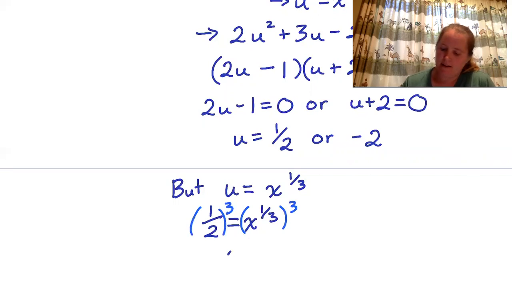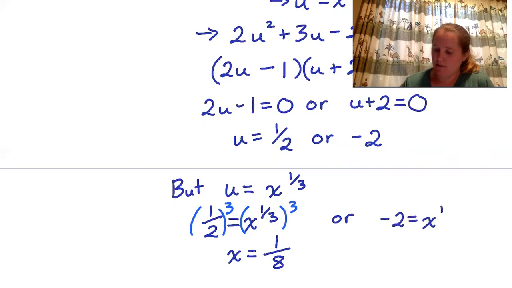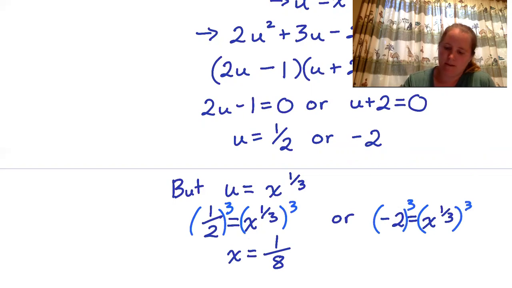And we get that x is equal to 1/8. Or the other one, we have negative 2 is equal to x to the 1/3. Again, we can undo taking the cube root by cubing. And this one gives us x equals negative 8.